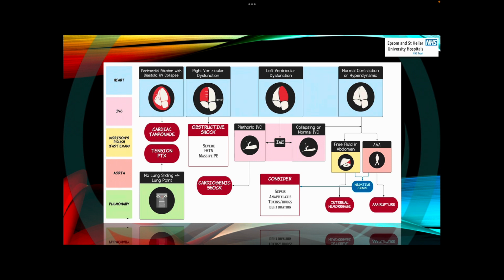Also, if there is any left ventricular dysfunction, we have to check the inferior vena cava, and if there is a plethoric inferior vena cava, it means there is cardiogenic shock. This is a very nice chart to show what we are going to do if there is shock, and how we are going to evaluate the patient.